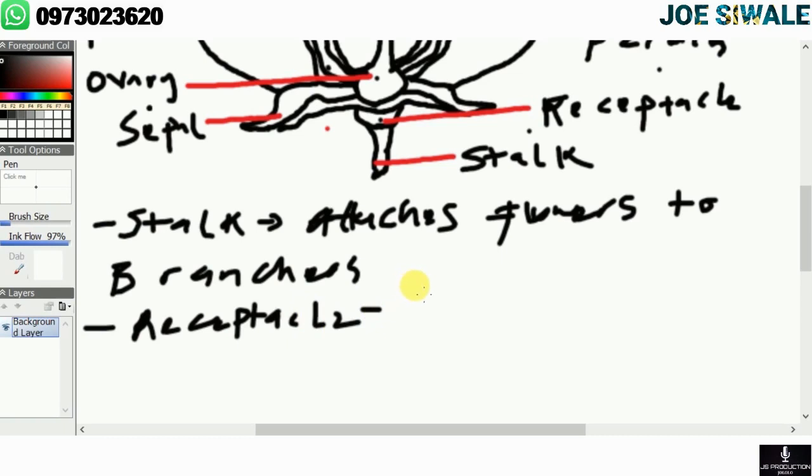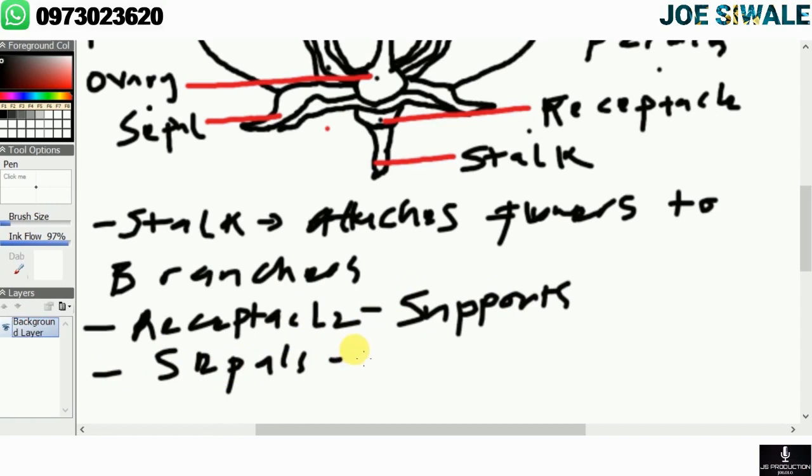The function of the receptacle is to support all the other parts of the flower. Then we have the sepals.